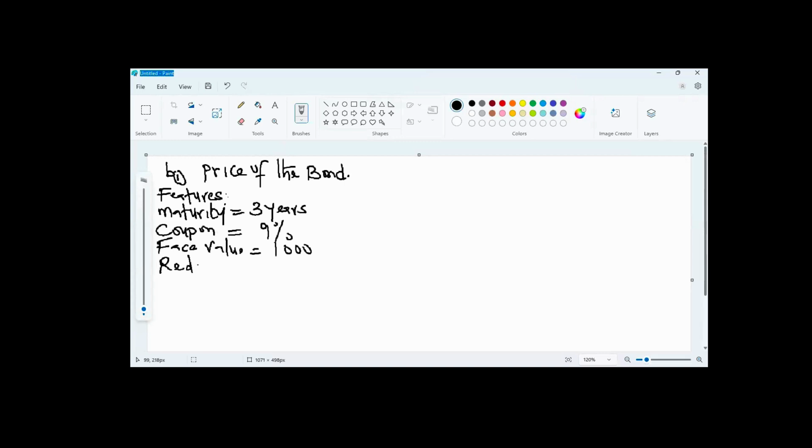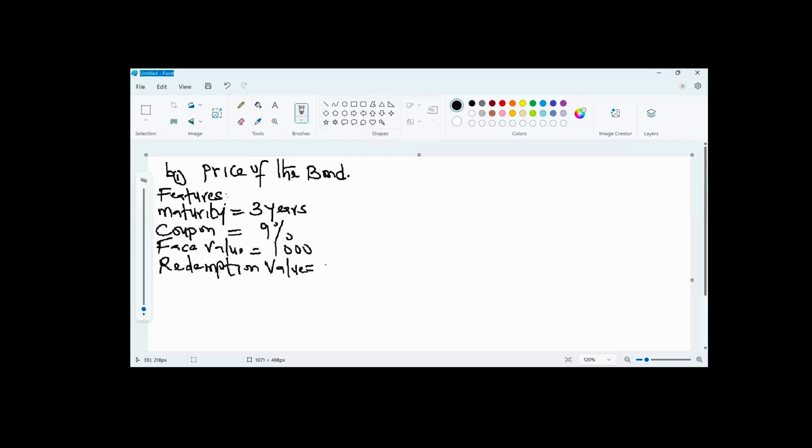Redemption value of the bond. If you look at that question, the examiner is silent about the redemption value of this bond. Where the examiner is silent, you are going to assume that the bond will be redeemed at par.